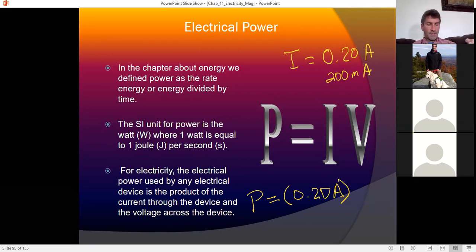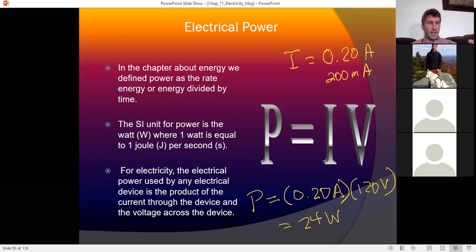So at 0.2 amps, if I plug that into a wall outlet at 120 volts, 0.2 times 120 is going to give me 24 watts of power it's going to use, okay?